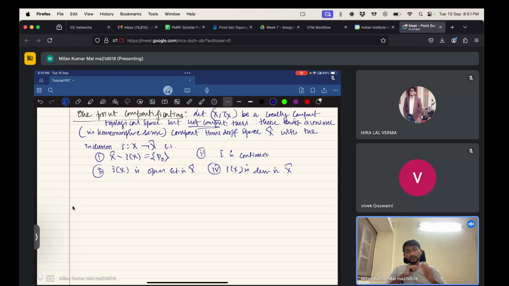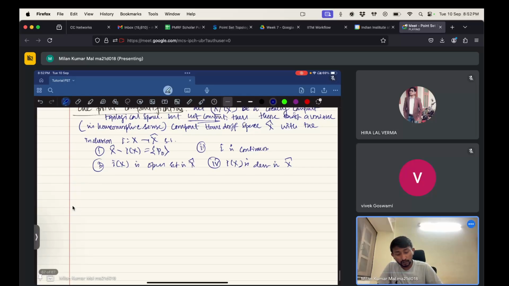To that space we add one single point and define a new topology on it, such that the inclusion map I from X to X cap is continuous, the image I(X) is an open and dense subset in X cap, and if I remove I(X) from X cap, I get the point P naught. So this property will hold.